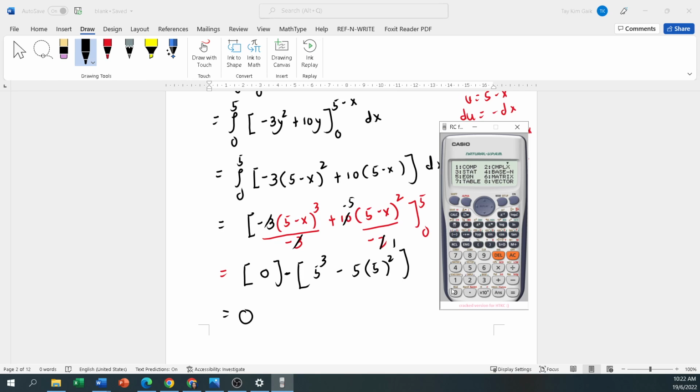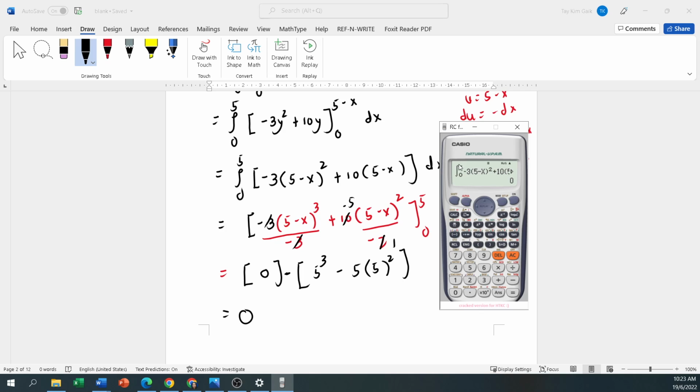Here, number 1, integrate. Or you may directly use your calculator. So negative 3 times 5 minus x squared plus 10 times 5 minus x, from 0 to 5. So the answer is 0.